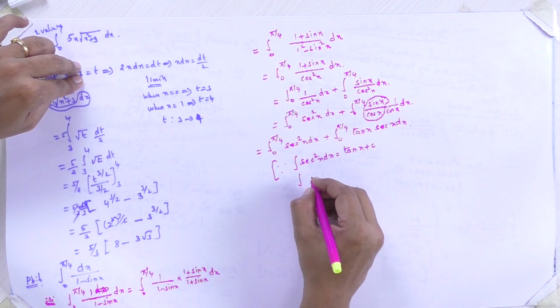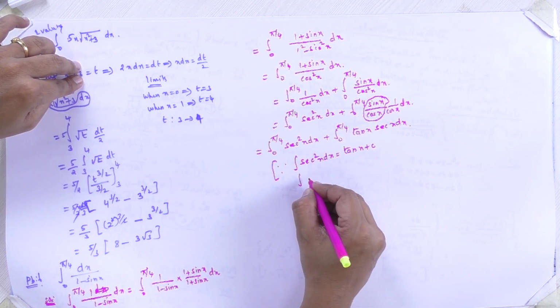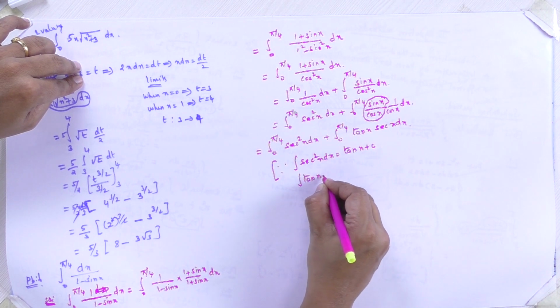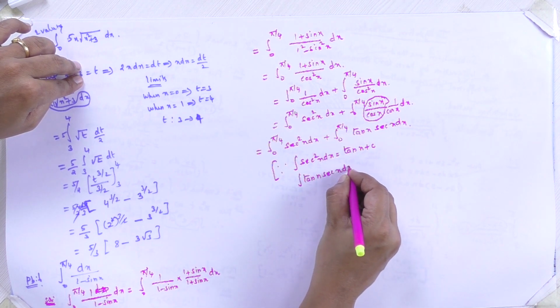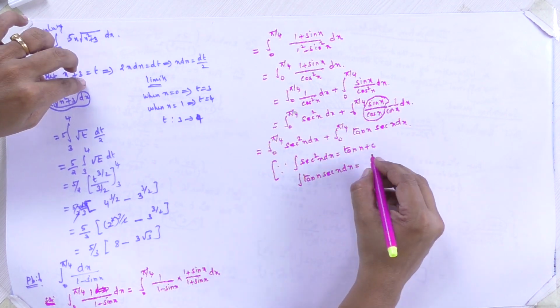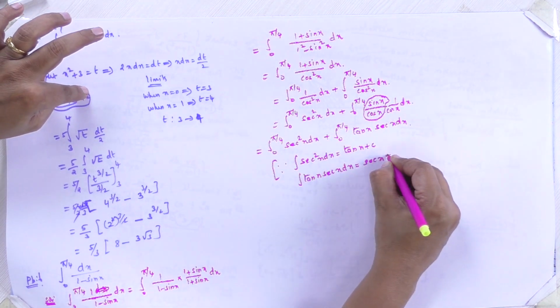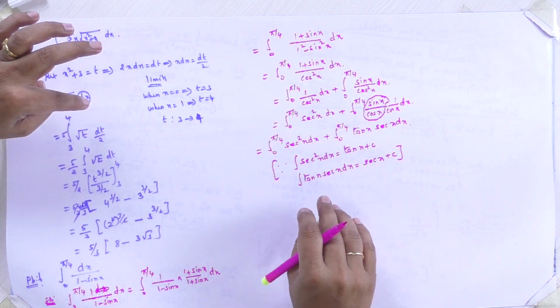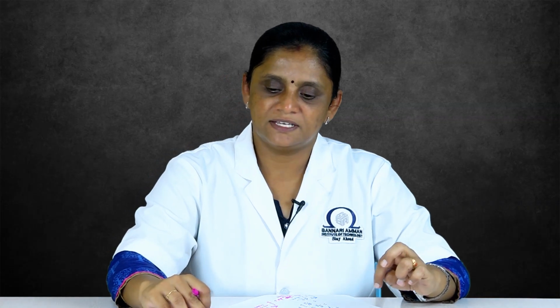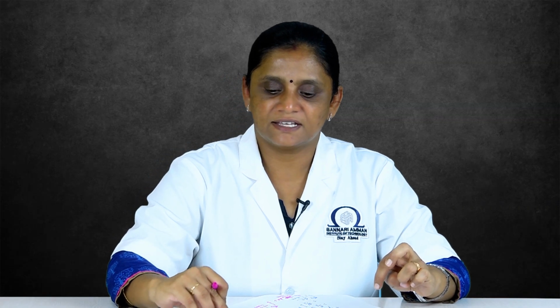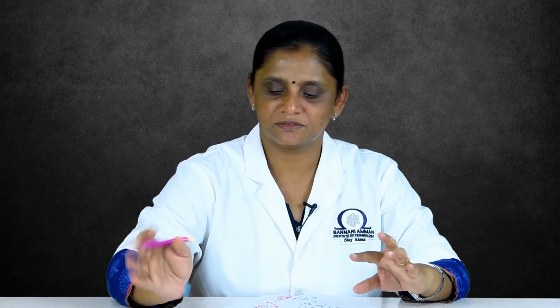Then one more formula, integral tan x into secant x into dx is equal to secant x. These you studied from the derivatives: differentiation of secant x is secant x into tan x and differentiation of tan x is secant square x, just reciprocal to each other.